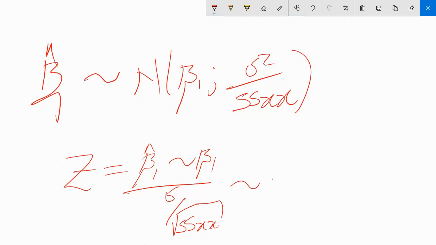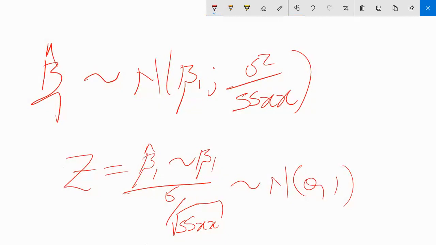A standard normal random variable follows a normal distribution with a mean of 0 and a variance of 1. So we can standardize beta 1 hat, and with this we can construct a confidence interval. We can also do hypothesis testing.